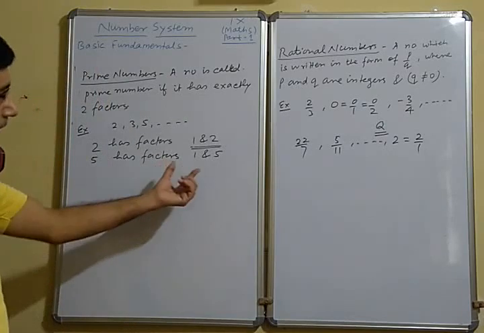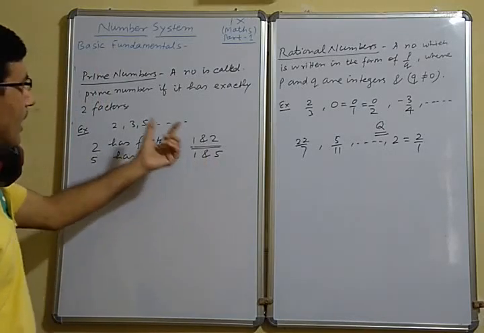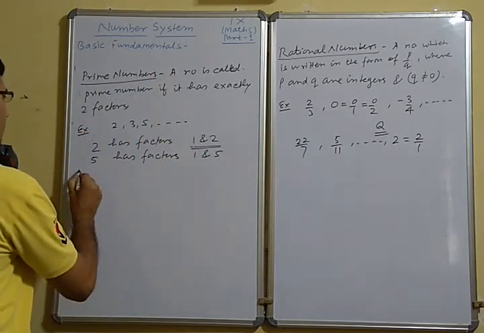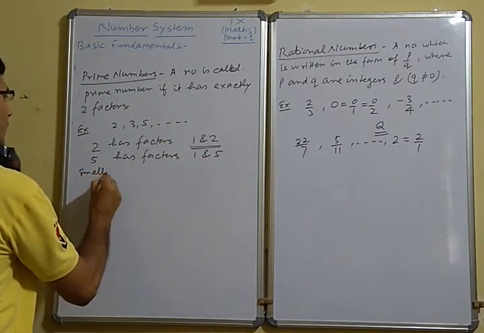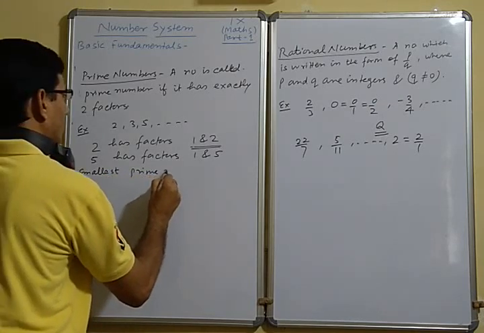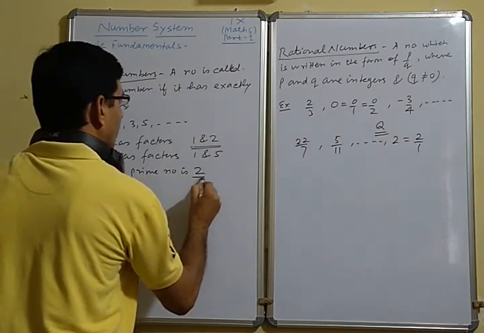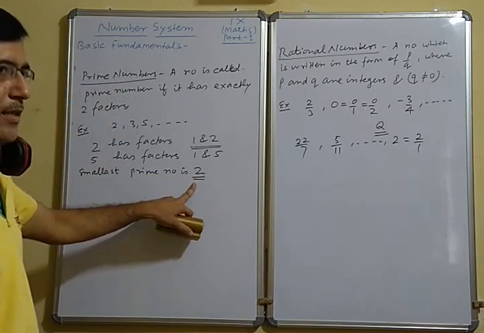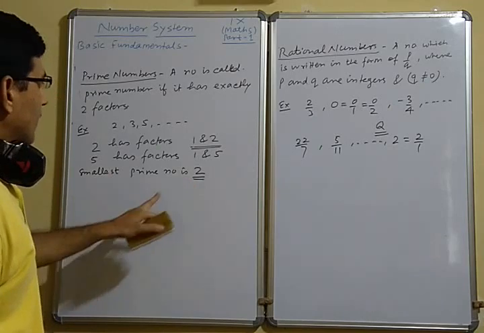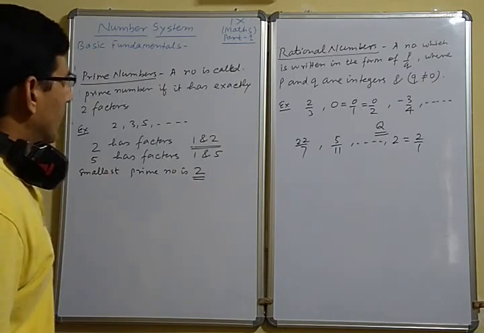So it has exactly two factors. So that's why it is called a prime number. The smallest prime number is 2, which is also the smallest even prime number.